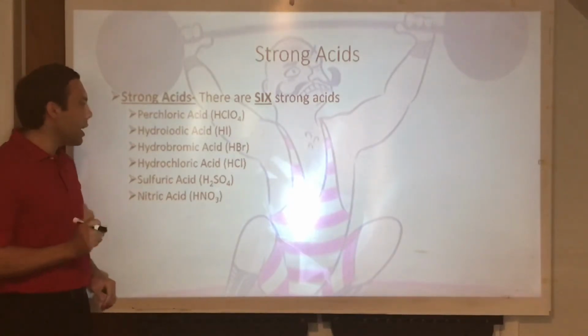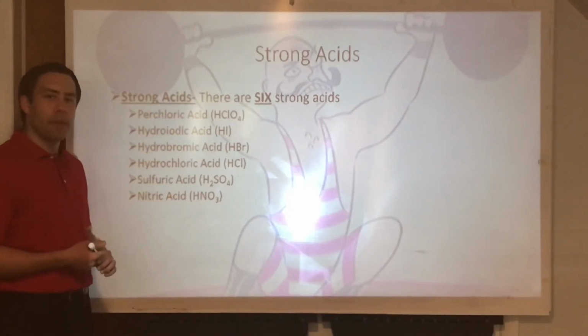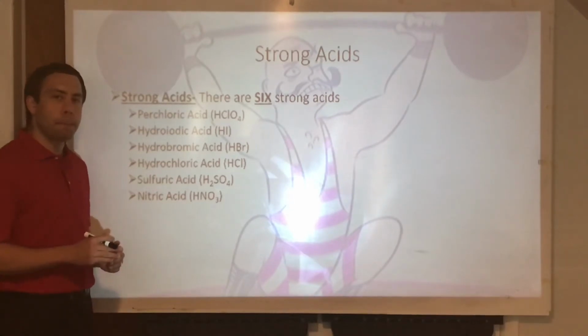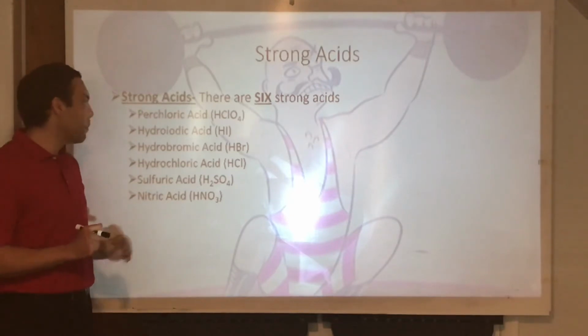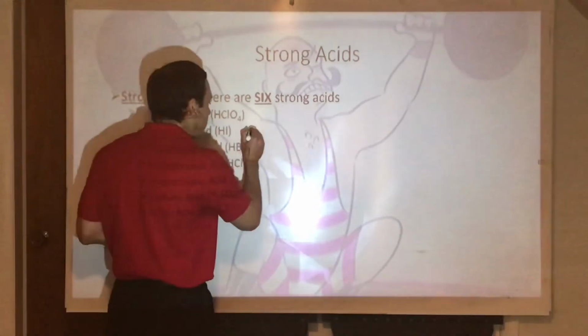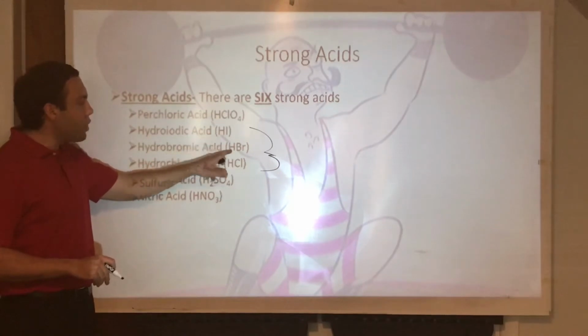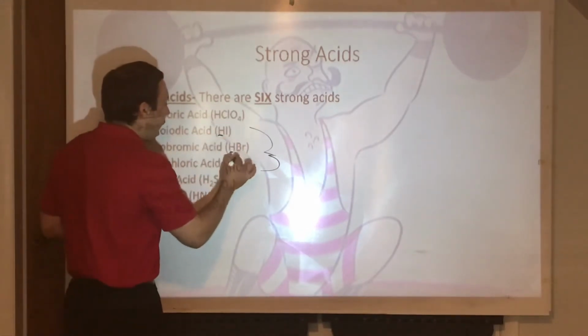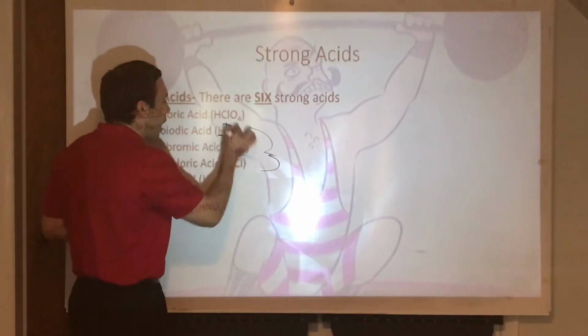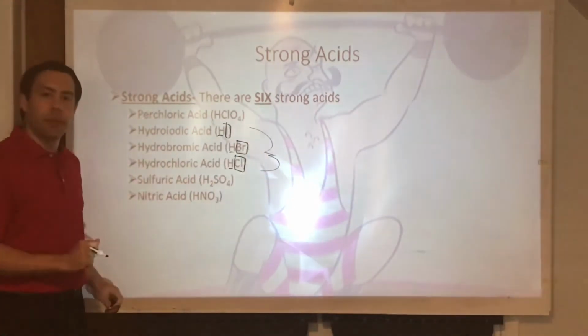Now, when I look at this list, I see 3 out of the 6 acids that have something in common. Do you think you could see the pattern? Just in case if you didn't see it, the pattern I see is that 3 of these strong acids consist of a hydrogen and a group 17 element, a halogen.